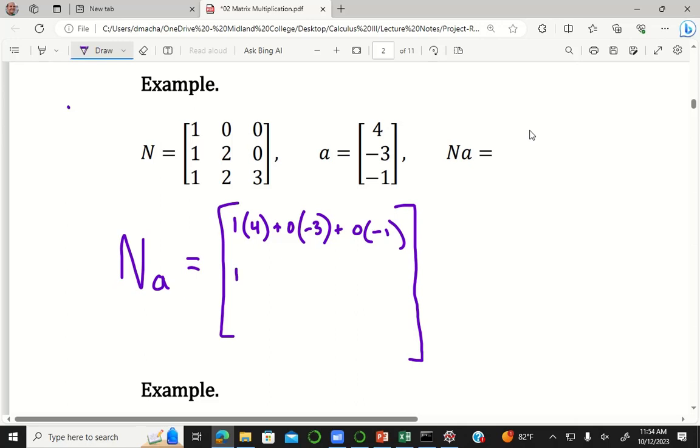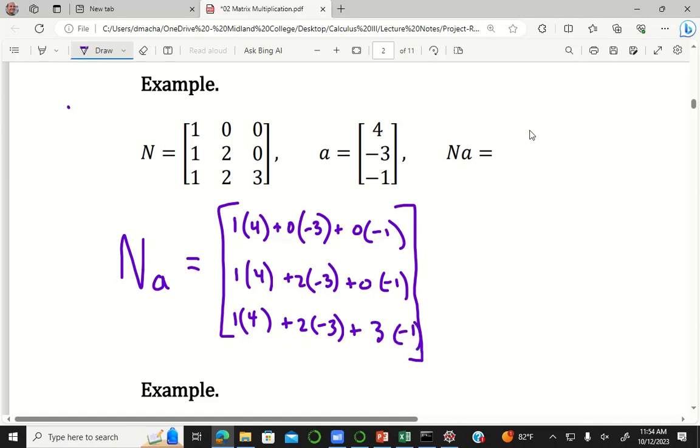And then 1 times 4 plus 2 times negative 3 plus 0 times negative 1. And the last entry will be 1 times 4 plus 2 times negative 3 plus 3 times negative 1. So again, my matrix vector product will be a vector where the entries are 4, negative 2, and negative 5.